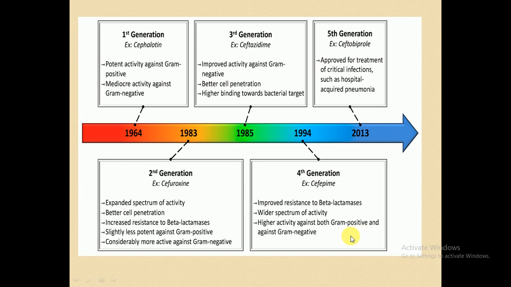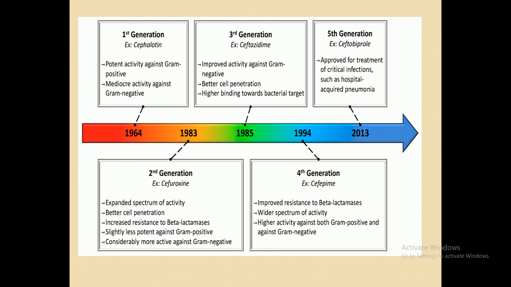So fourth generation antibiotics are much more effective as compared to the third generation. It has a wider spectrum and higher activity against both gram-positive and gram-negative bacteria as compared to the third, and that was introduced in 1994.